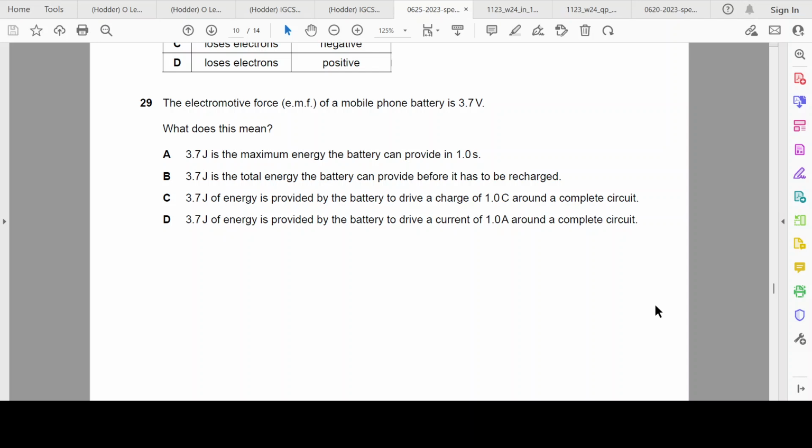If you know what the definition of EMF is, then you should be able to. C. You sound doubtful. Going towards gut, right? Haram, you're sticking with A.